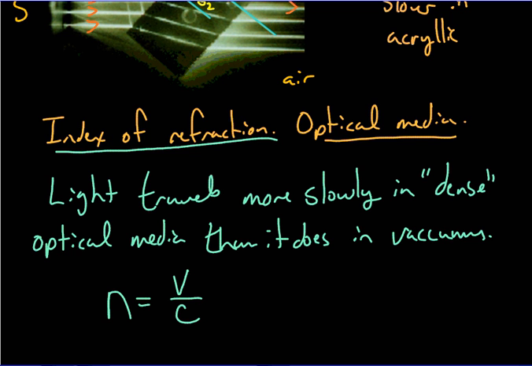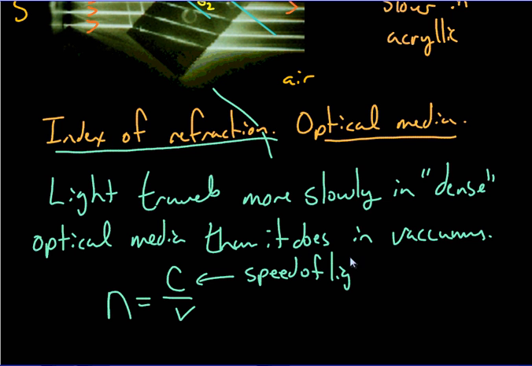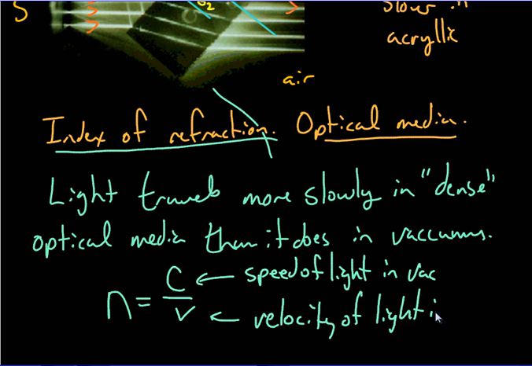It should be C over V. Now, what is c? C is the speed of light in a vacuum, and v is the velocity of light in the medium.